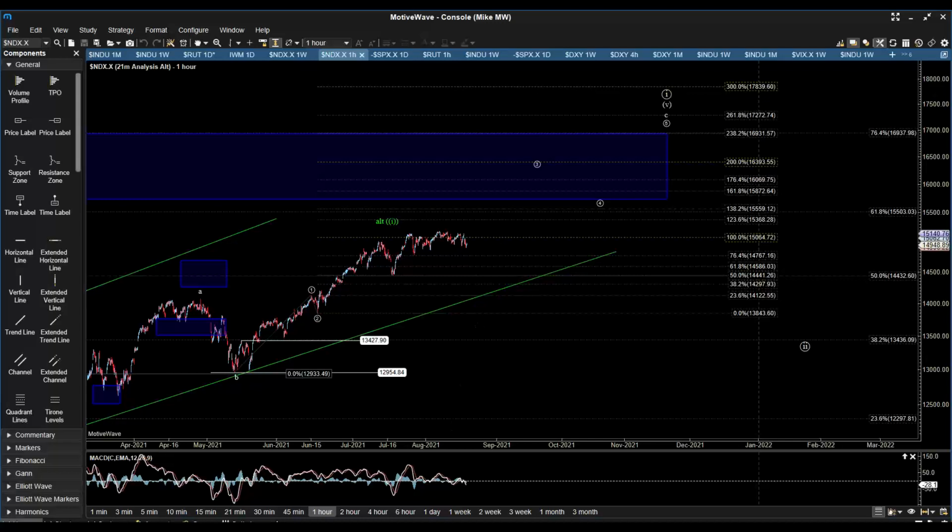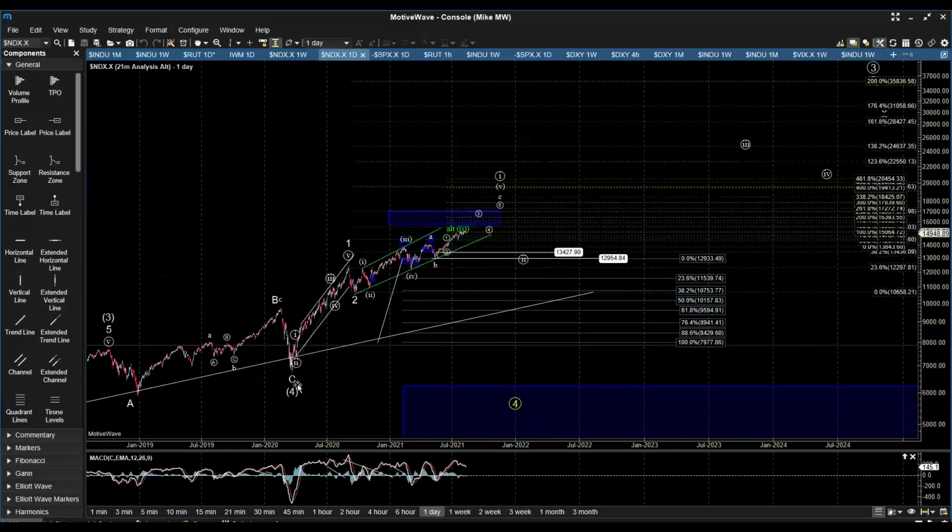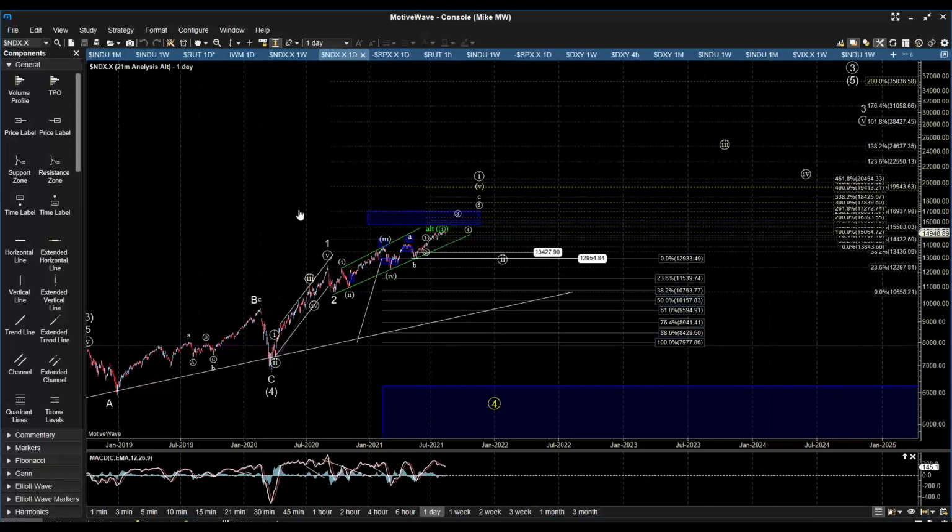So this Nasdaq chart, I've got us in a 1-2, 1-2. So it's not 1-2, 1-2, 1-2, but a 1-2, 1-2 on the Nasdaq. And ideally, I'd like to see this push higher to finish off this wave 1 up towards 17,000-ish. But I can make the case we've already found the bottom here in this green wave 1.